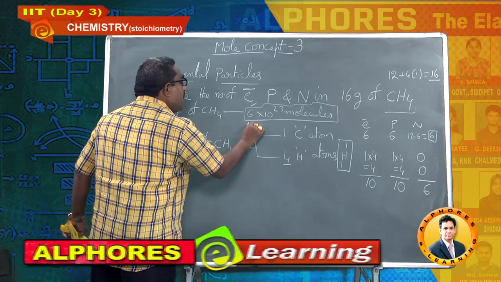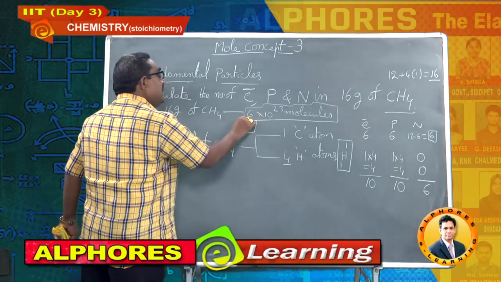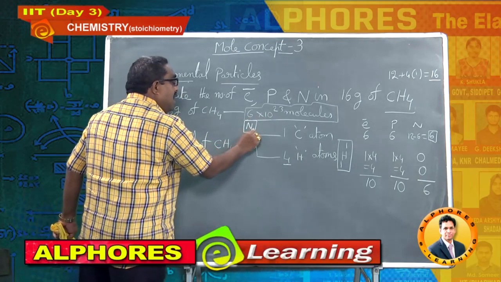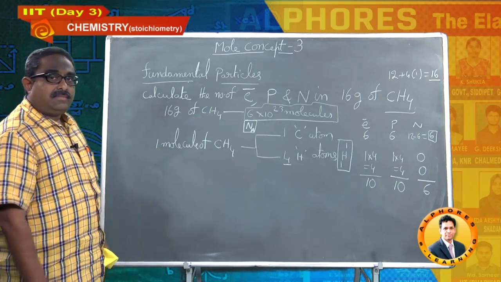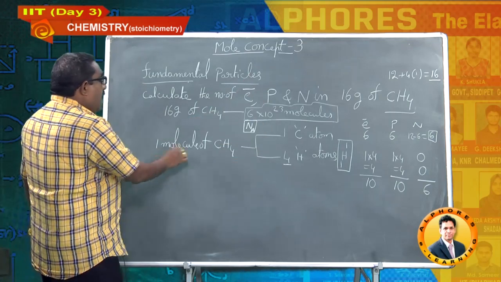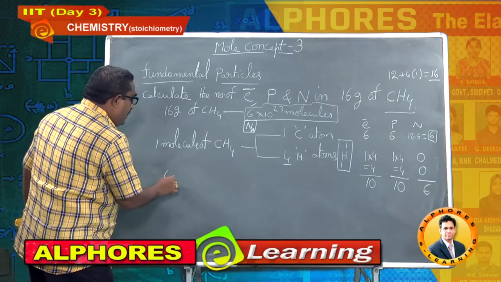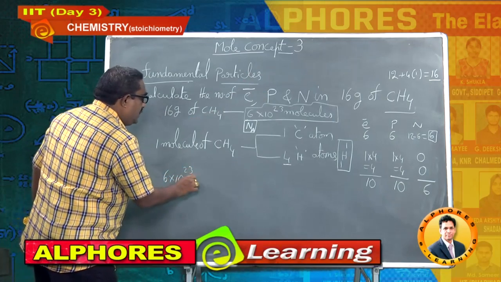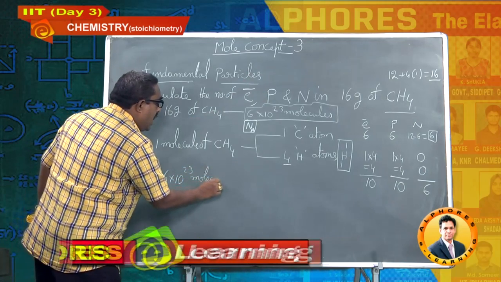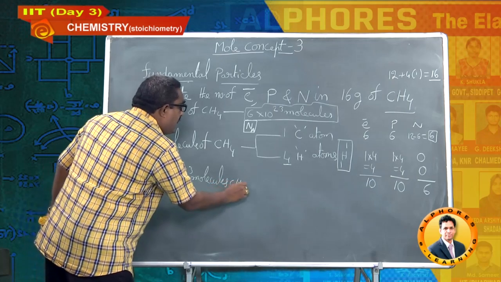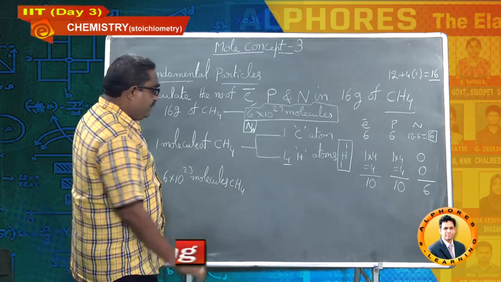Or simply you can also write, yesterday we have discussed about it, Avogadro number N or Na. Now, how many molecules do I have? 6 into 10 power 23 molecules of methane are present in the given sample.